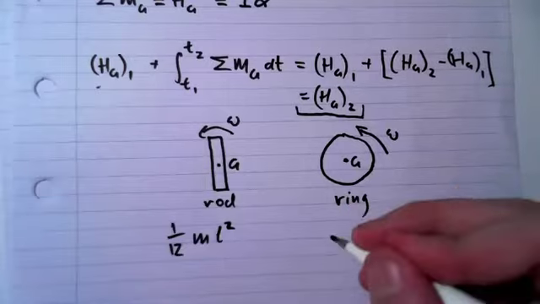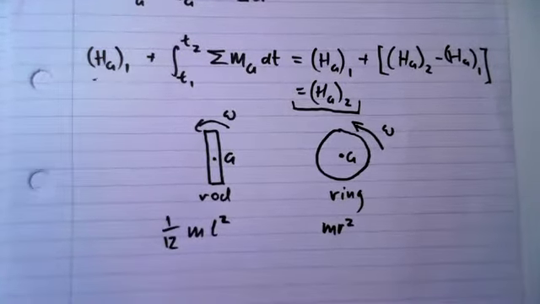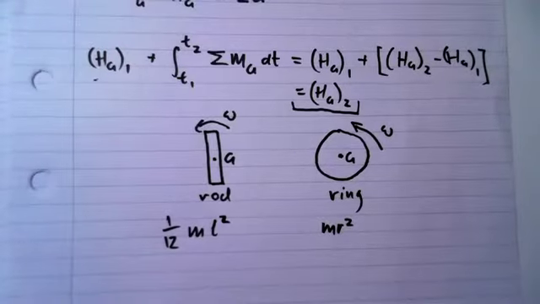And for a ring, it's m r squared. But they may vary depending on the geometry that you're given.